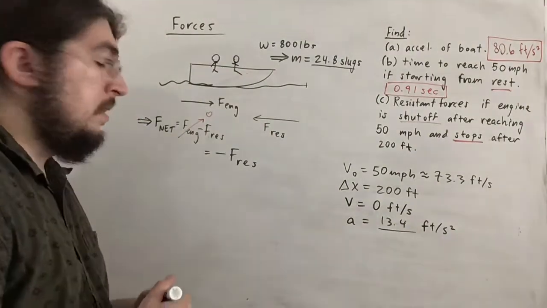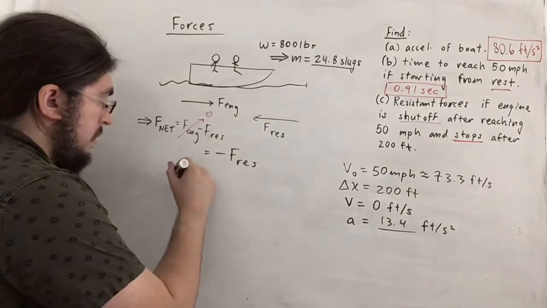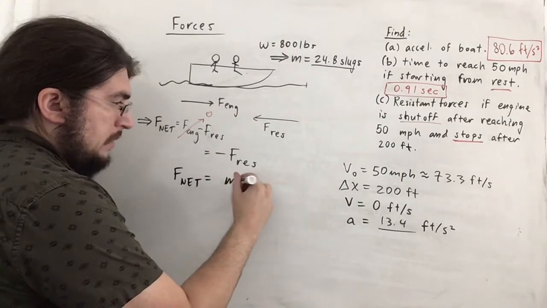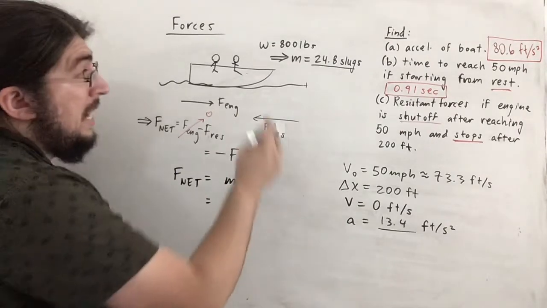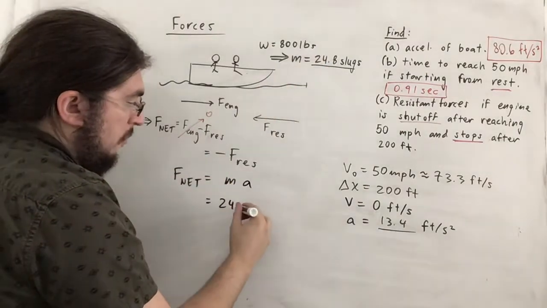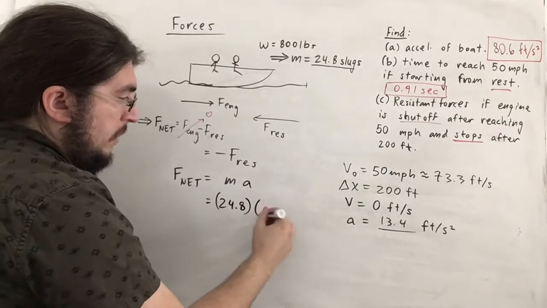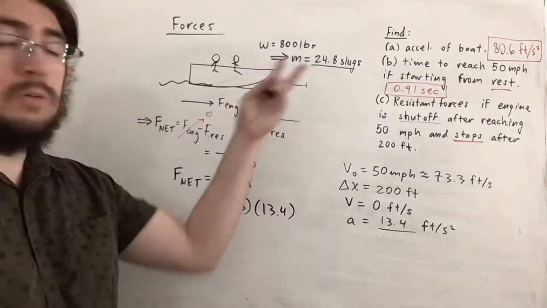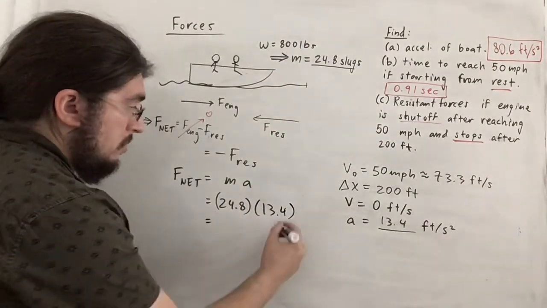Okay, perfect. So we know F net is equal to mass times the acceleration. We know the mass is 2.48 slugs. We know the acceleration is 13.4 feet per second squared. So multiplying those units will of course give us a new unit in pounds.